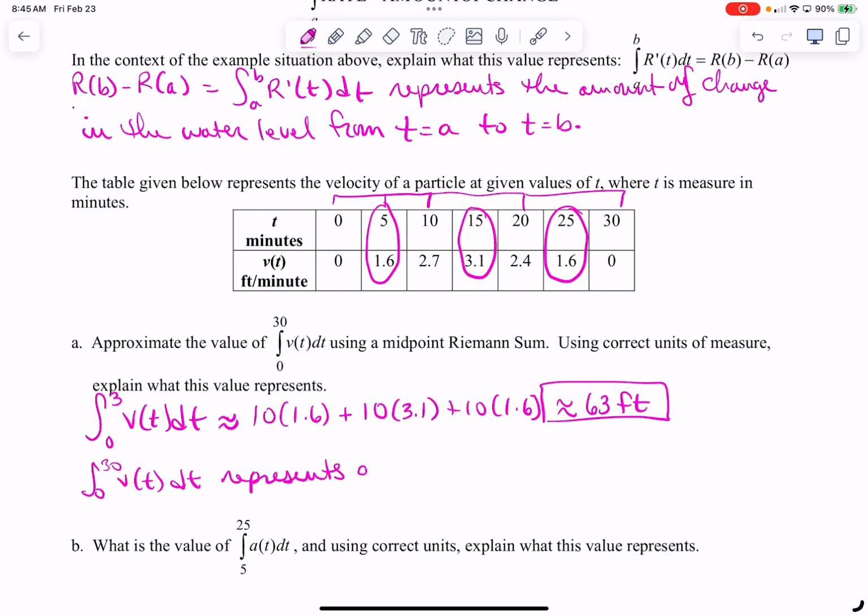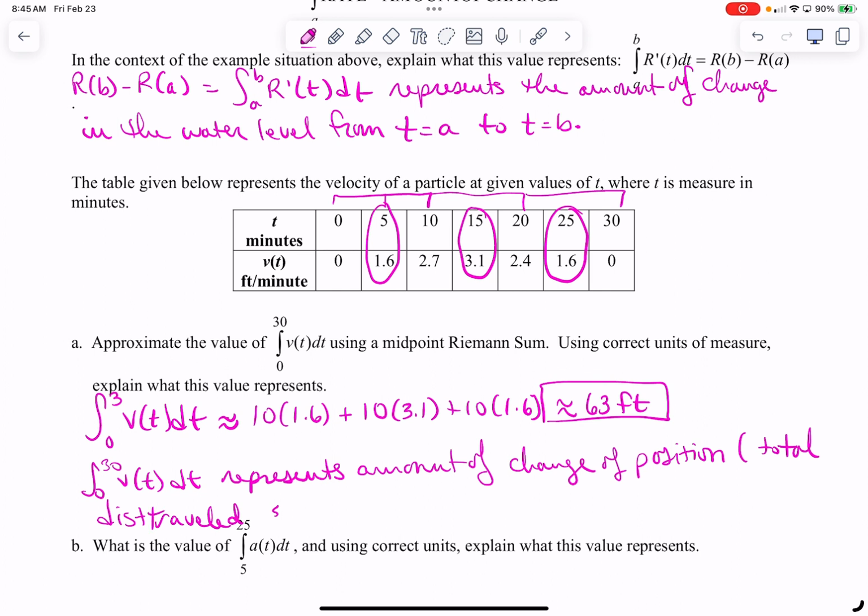So the amount of change in position, and this is total distance traveled, since v of t is positive, from t equals 0 to t equals 30 minutes.